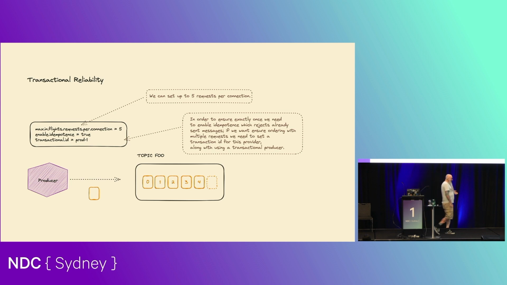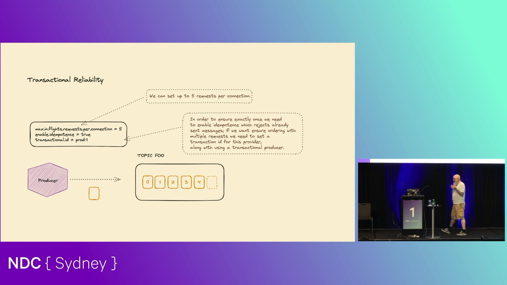We can use something called transactional reliability in Kafka. Don't worry too much if you don't grasp this section. You don't need it so much. So with transactional reliability, we say, I want to make sure that when you do these retries and this underlying buffer async operation, you're actually only going to send this thing once, right?